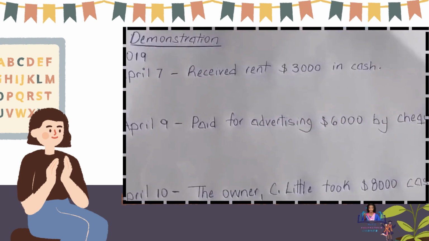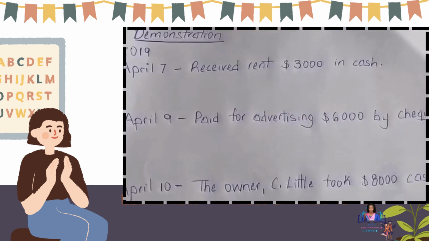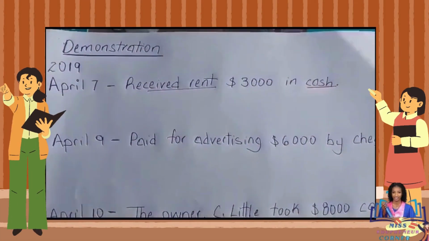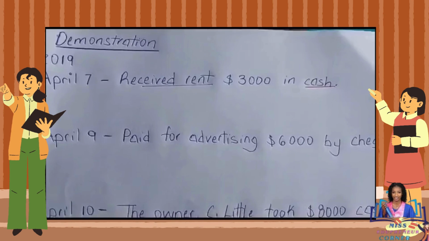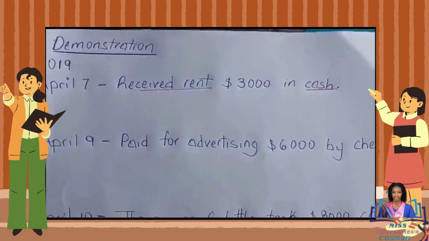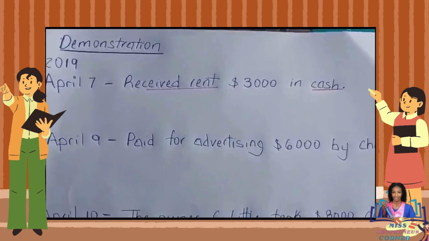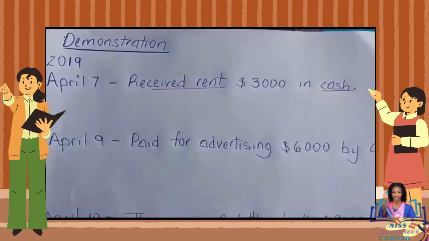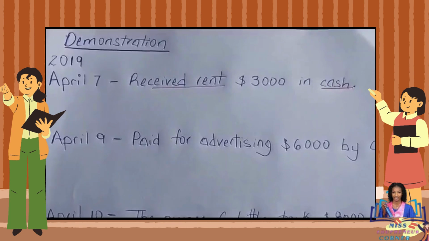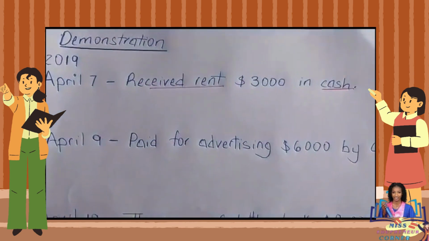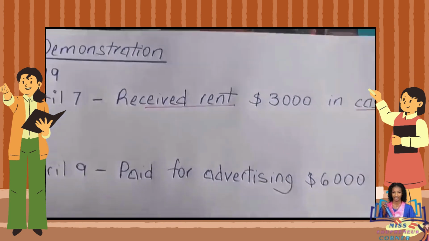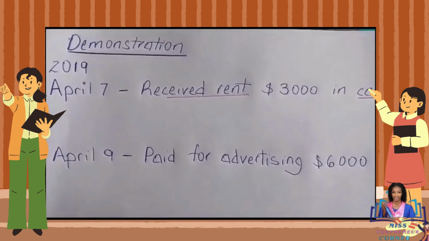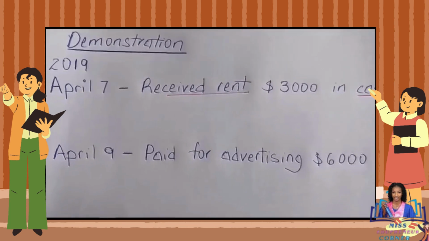That would be rent received and cash. Rent received is a revenue account. How do we know that? Revenue is the money received or will be received in the future. Here, the business received money for rent. So that's a stream of income for the business.